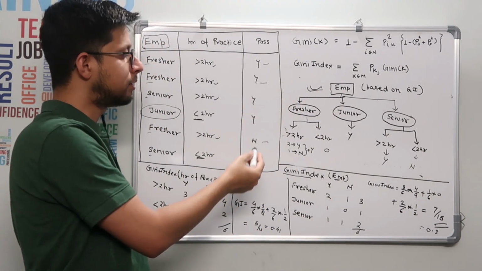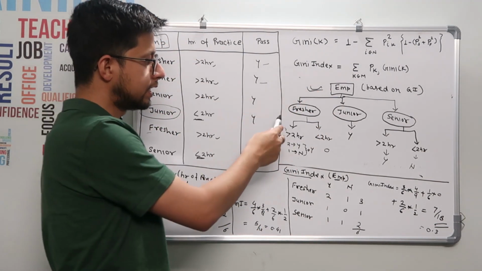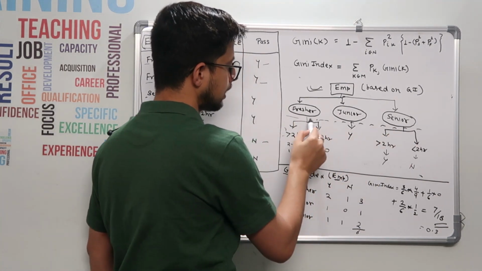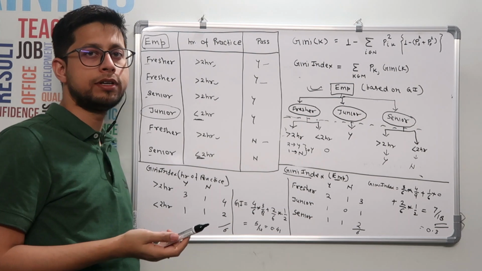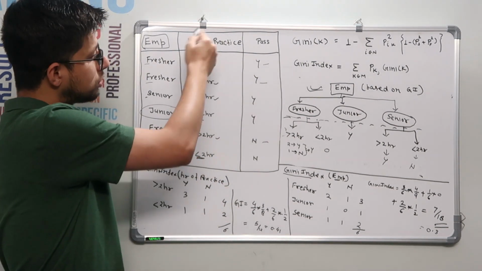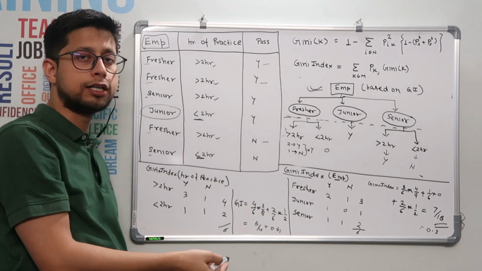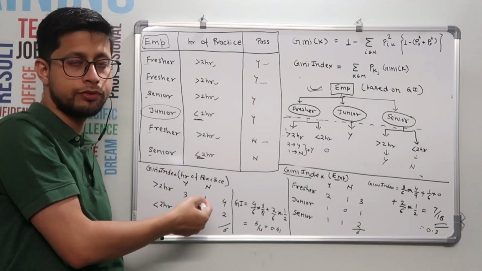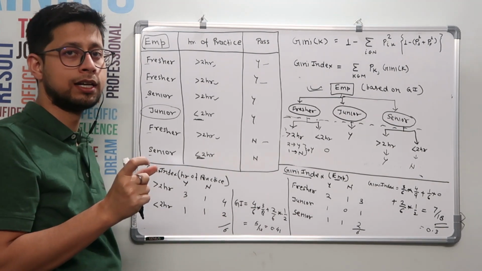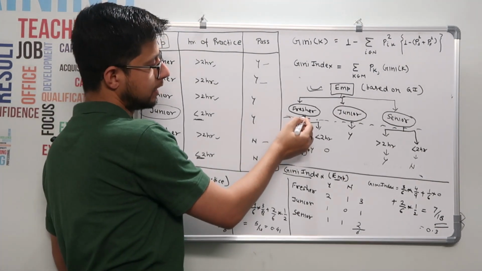And further if you have any other feature, then for each, so till here you have decided, right? And like we have seen in our previous class, that is information gain. So if you have more than one feature, then again you calculate Gini index for each of the features with respect to their categories and see which one has lesser Gini index, and you decide that node will come here, okay?